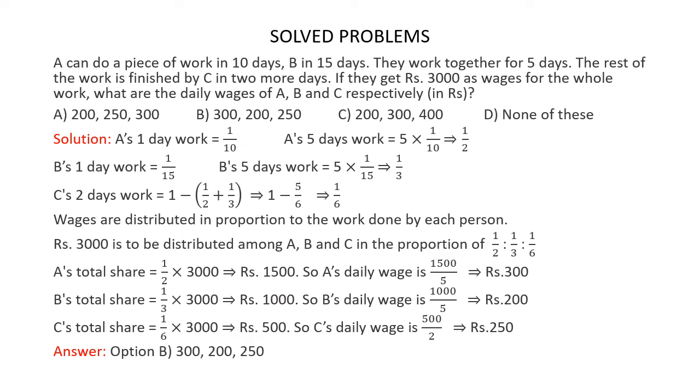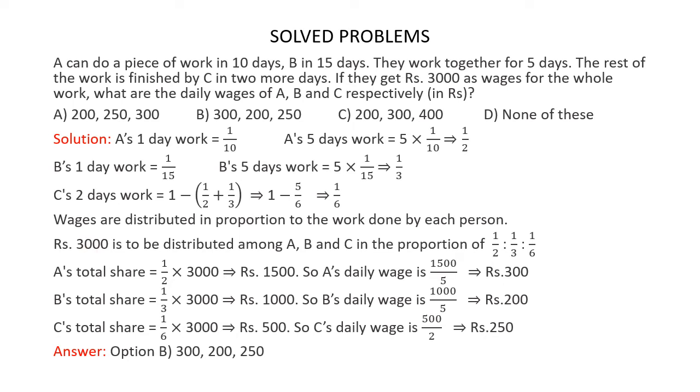So here A's total share will be 1 by 2 of rupees 3000, B's total share will be 1 by 3 of rupees 3000 and C's total share will be 1 by 6 of rupees 3000.